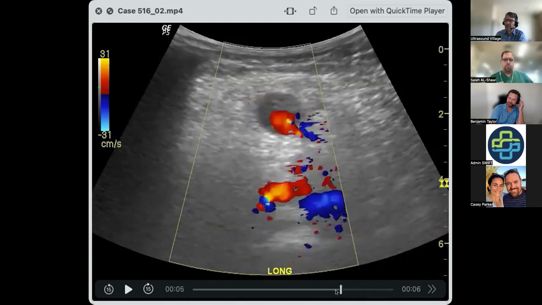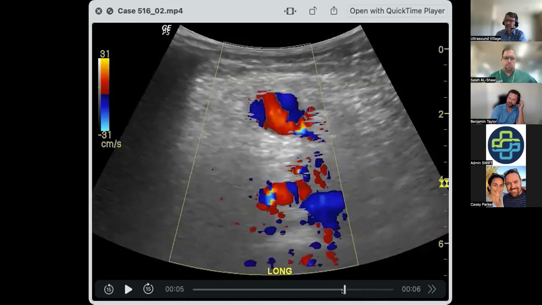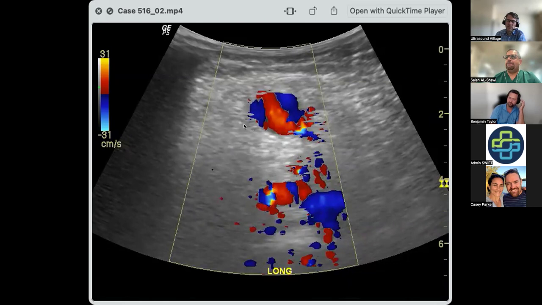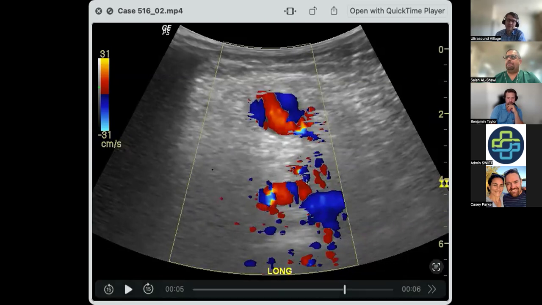All right. You can actually see on there that looks like where the blood's coming from. Yes. So one of the descriptors of a pseudoaneurysm is that with color Doppler, you get a yin yang sign. You can also often see the path, okay?